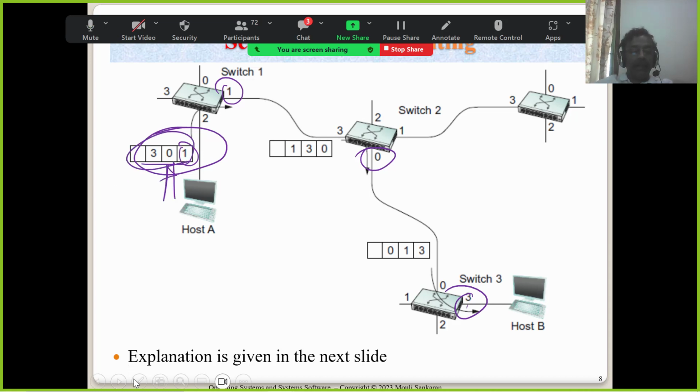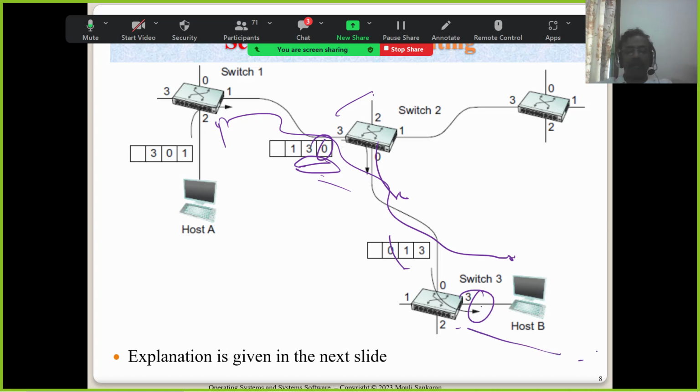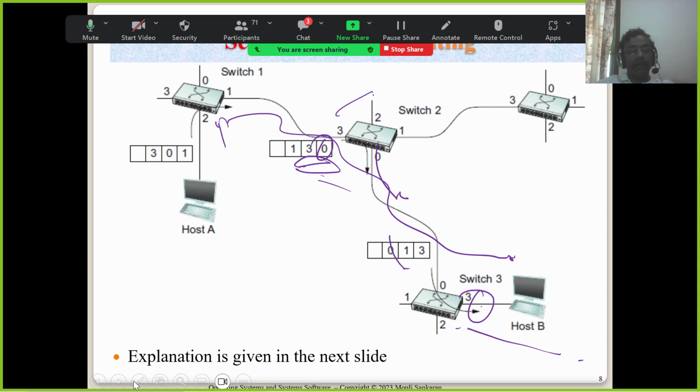When they go, every switch is going to rotate it so that it doesn't know how many hops it has come through. If you rotate it and give it, it is easy for the switch to read what port it is supposed to send it on. So it will send it, and then rotate it and send it, and this guy will send it on the port. So you can go on for anything. That's how source routing is decided a priori by the source.